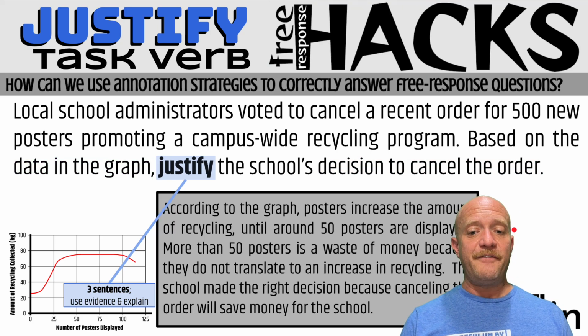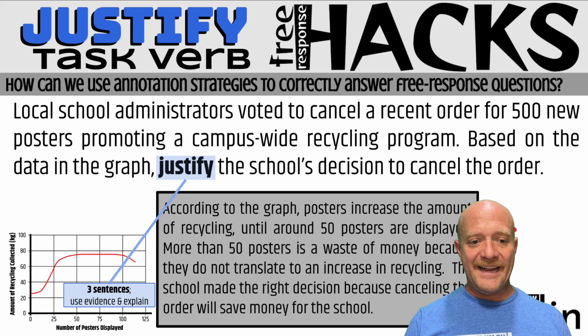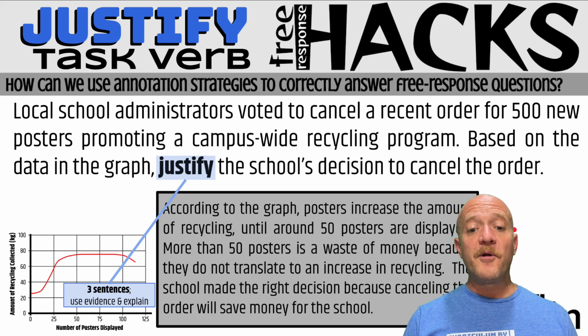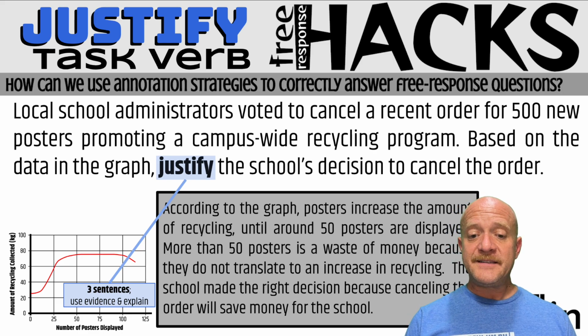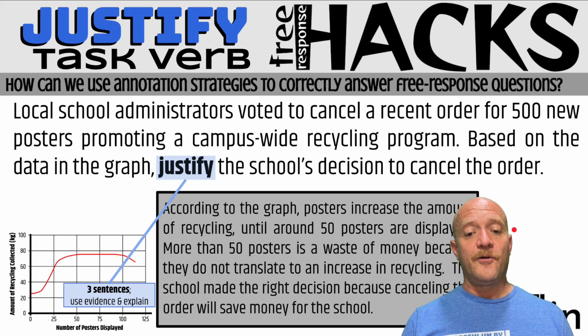According to the graph, posters increase the amount of recycling until around 50 posters are displayed. That's my data exactly from the graph. More than 50 posters is a waste of money because they do not translate to an increase in recycling. The school made the right decision because canceling the order will save money for the school.